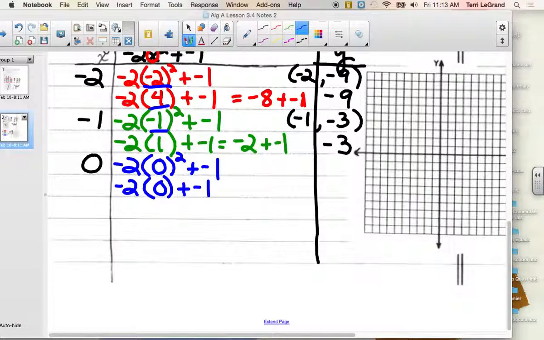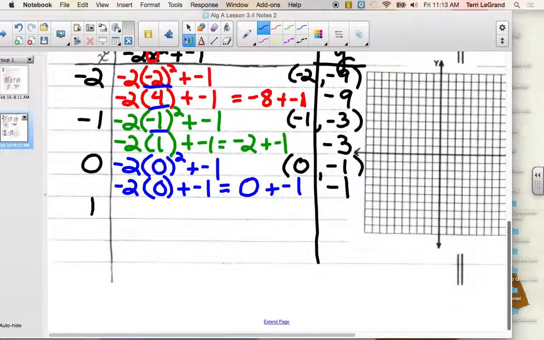Now I have -2 times 0. What is that? 0. Anything times 0 is 0. And then plus that -1. So what's our y value this time? -1. So now we have ordered pair 0, -1. Well, if you thought there was a pattern going on here, we kind of just lost it, didn't we? So we're going to keep working here.